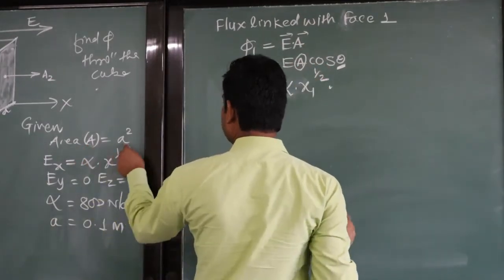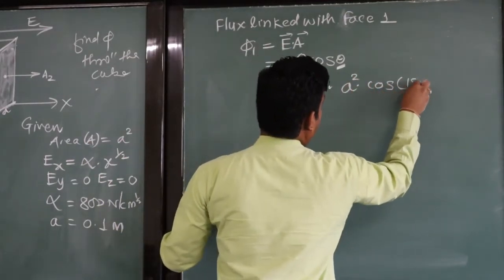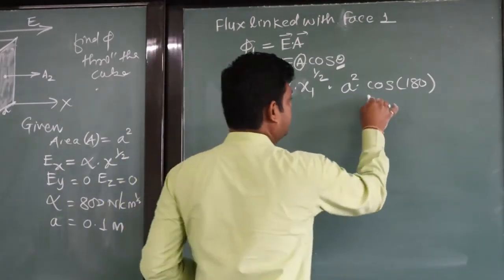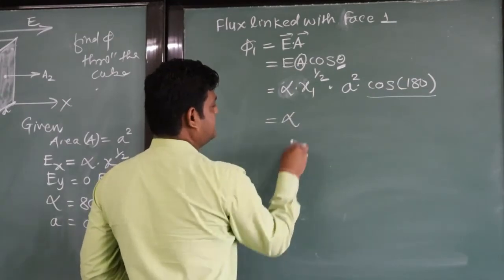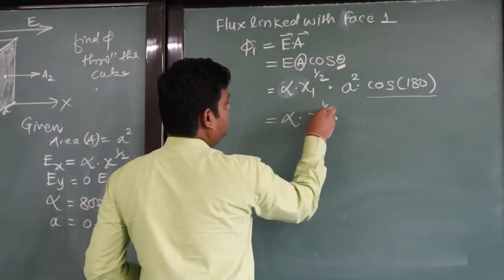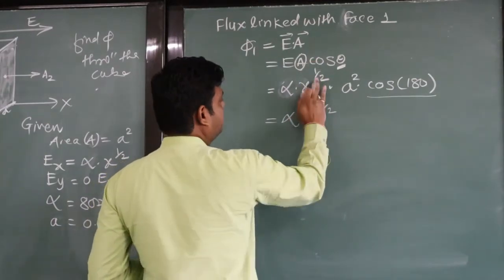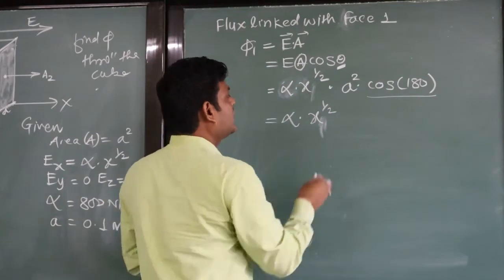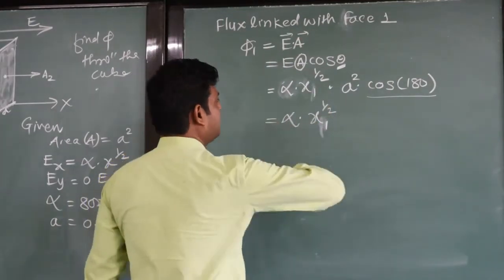That we know, area equal to a square into cos 180. Students, we know the value of cos 180, that is -1. So alpha remains as it is, x1 raised to half as it is, right? We will write x1 here because x1 equal to a, we are going to put the value.